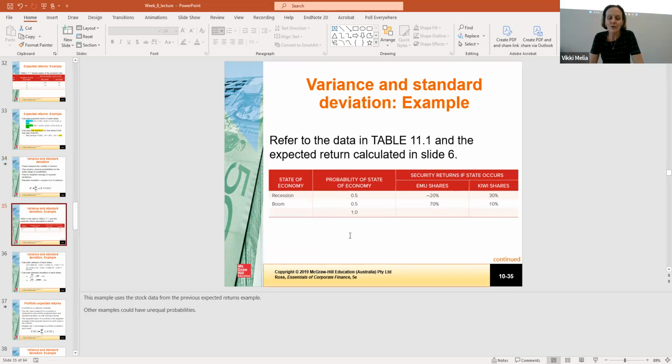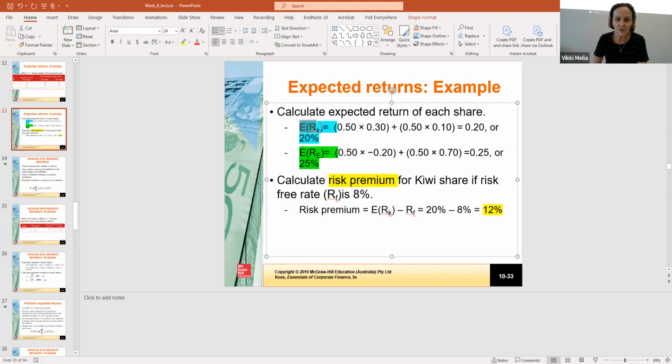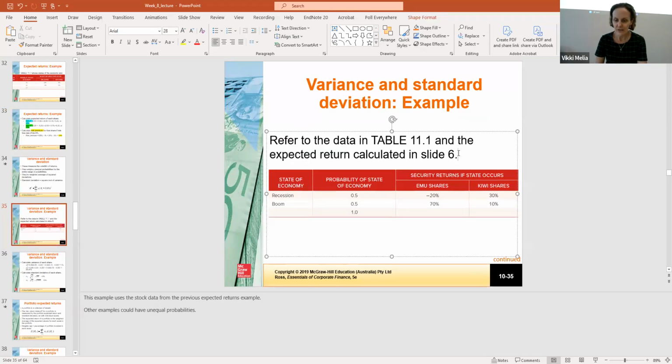So if we have a look at those same two assets, we've got shares in Emu and shares in Kiwi, and we already calculated the expected returns. So let's just copy those. The expected return for Kiwi was 20%.